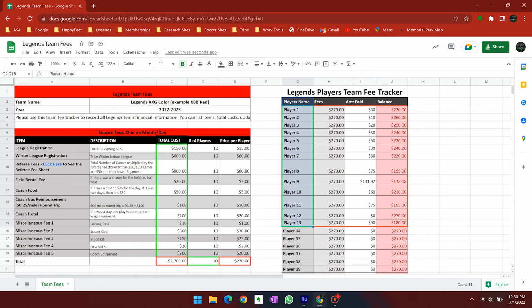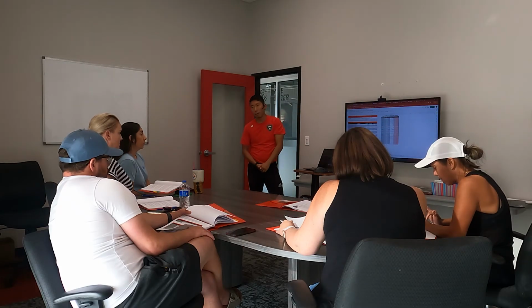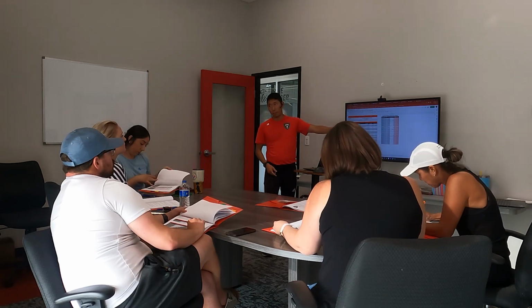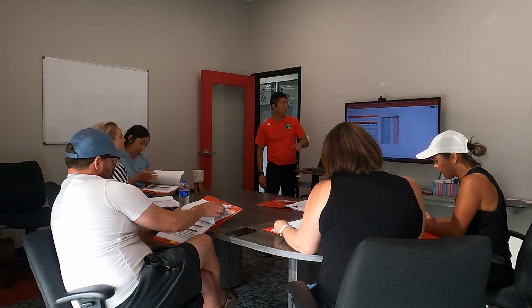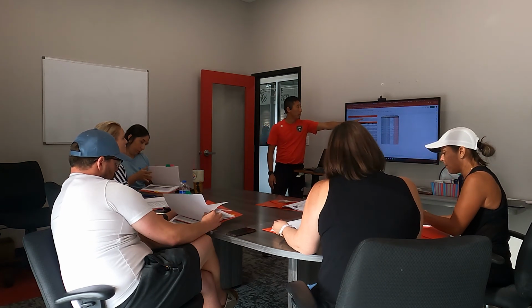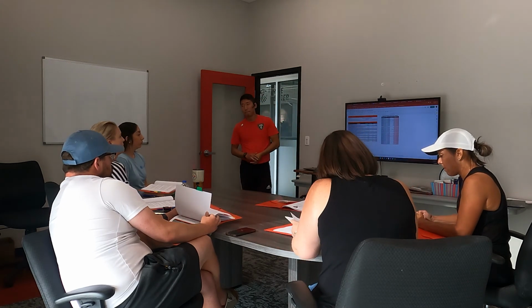Alright, so the green box here, you'll have to enter in the players' names, and then whatever the amount that they have already paid. So I've made this accessible to you guys, so all you do is just download it, and then you guys will have it for yourself, and then just enter your team name up on top, and then start plugging it away.